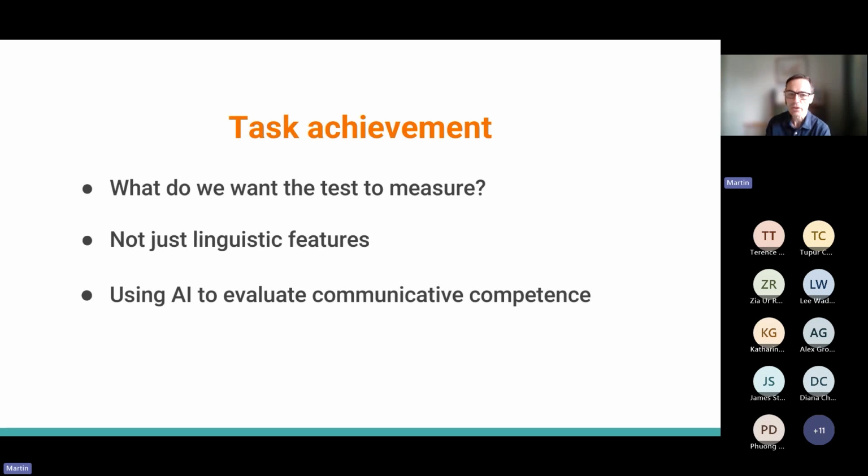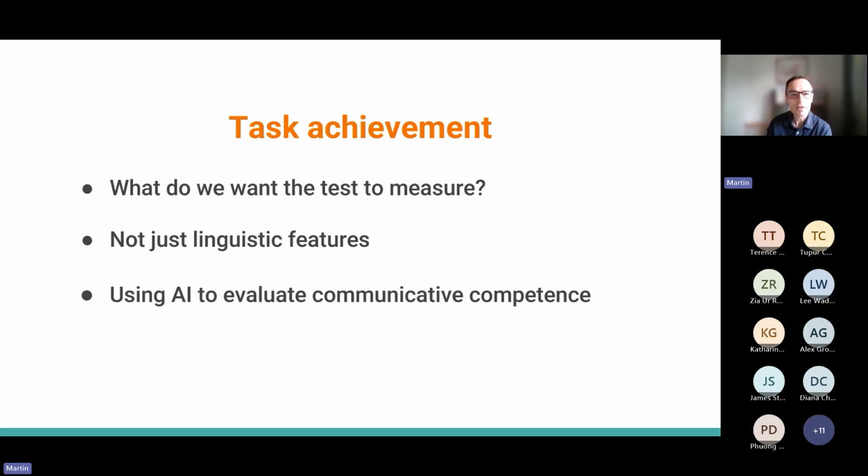But now we can create prompts for AI to focus on the specific requirements of a task and to measure all those. As Laura showed with the particular task she was evaluating, there were 5 or 6 different aspects to that question that we would want to assess, and we can ask the AI to listen to and evaluate that response and see how well the student has achieved each of those different elements of the task.